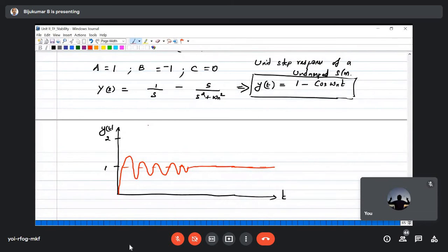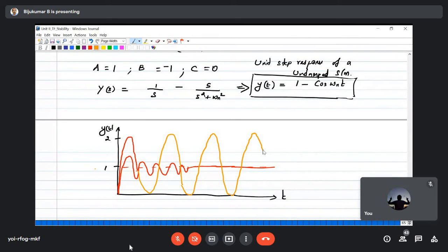Okay. Now, for the undamped system, the peak will be, just change here. It will be purely sinusoidal and oscillating in nature, right?